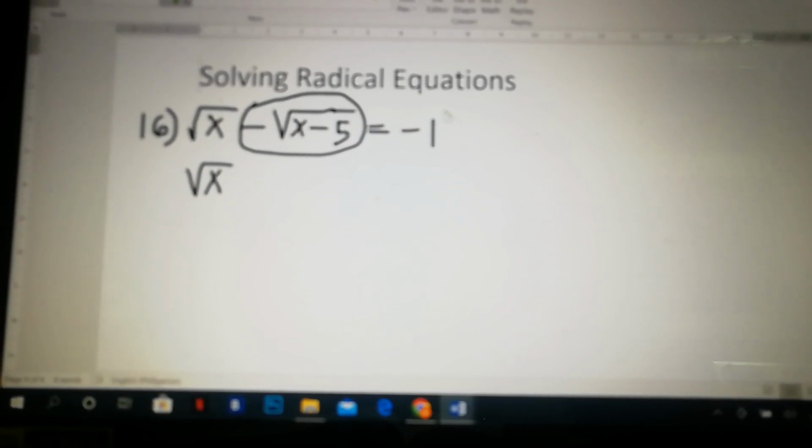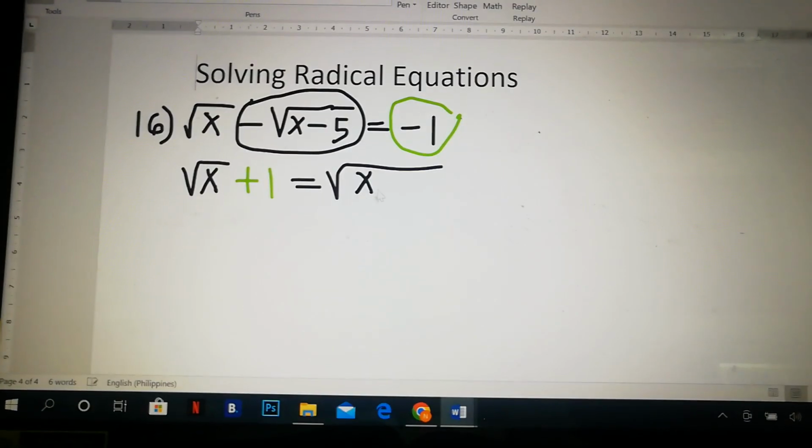So the green one going to the left side, from negative to positive 1, while the negative square root of x minus 5 to the other side becomes positive, so it's only square root of x minus 5.